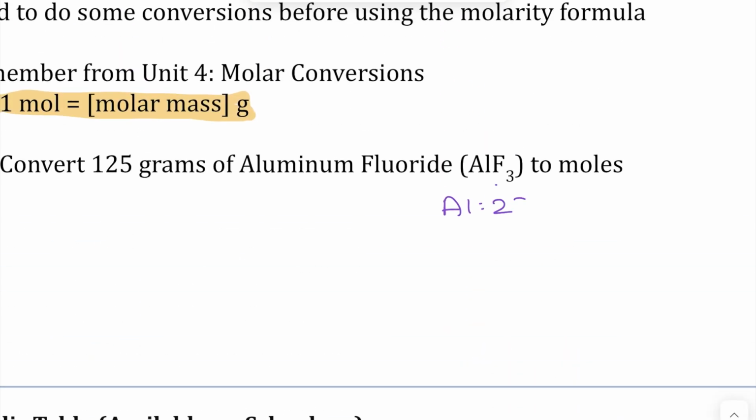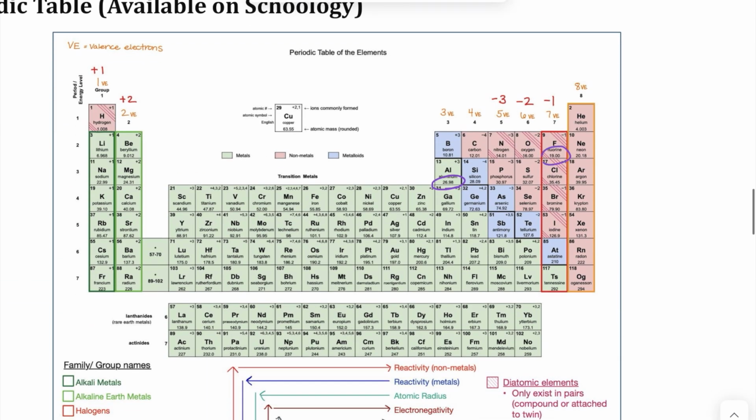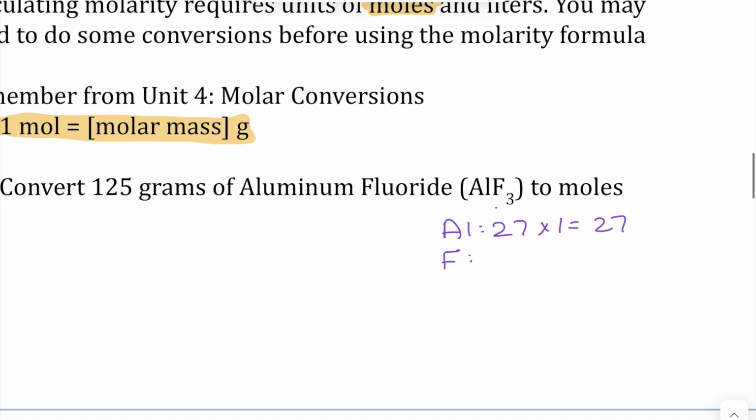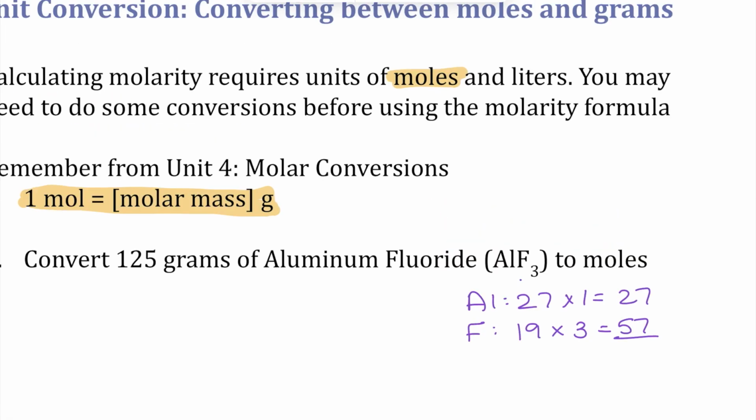So we have 1 aluminum, and then we have fluorine. Fluorine here has a molar mass of 19, and we have 3 of those. So that 19 times 3 is 57. We add those together, 84 grams is going to equal 1 mole for that aluminum fluoride.